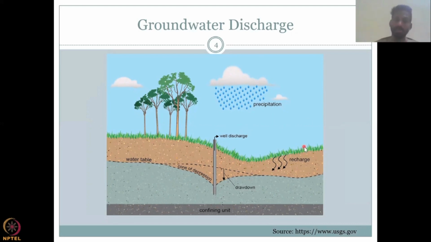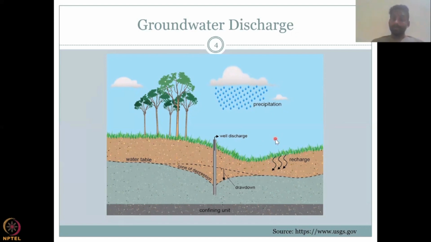Still, recharge can happen, but the discharge is pulling the water, and part of the discharge which you apply to the field can come back as recharge. So the recharge source need not only be precipitation, it can be your groundwater also. You pump groundwater, you put it on the surface, part of it is taken by plants, part of it recharges.